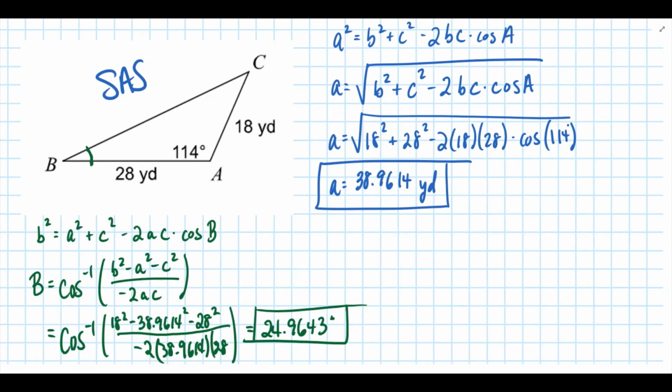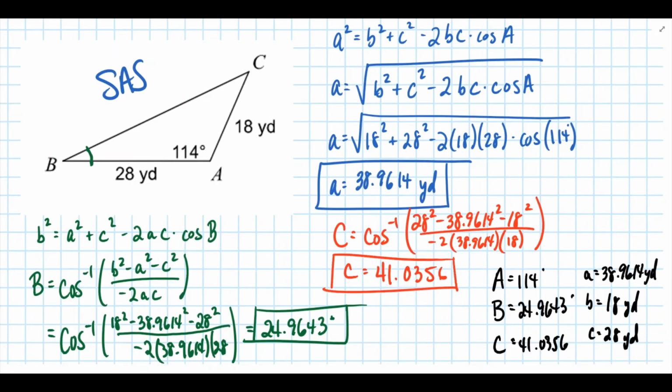Similarly, we can find angle measure C. A quick sum of the angle measures shows 180 degrees, and the sizes of each side length corresponds to the size of each angle measure. I would say these solutions look pretty good.